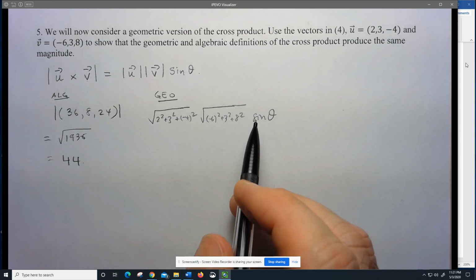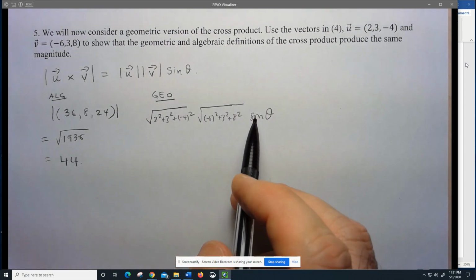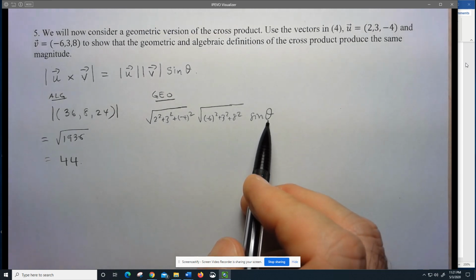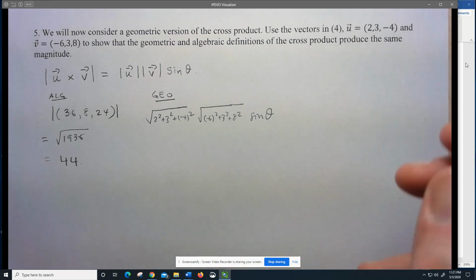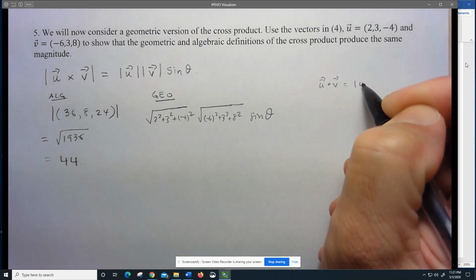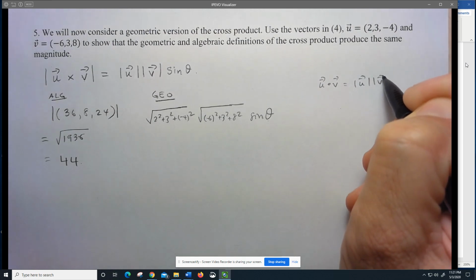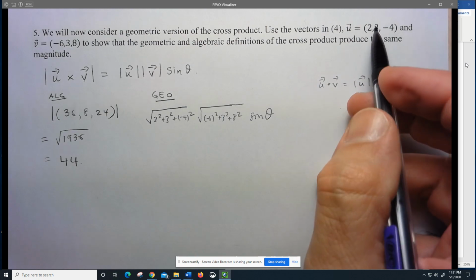This is where, in order to use the geometric definition, we're going to have to determine the angle theta. But luckily, we have the dot product to help us determine the angle. Remember, we can use the dot product: u dot v equals magnitude of u times magnitude of v times cosine of theta.